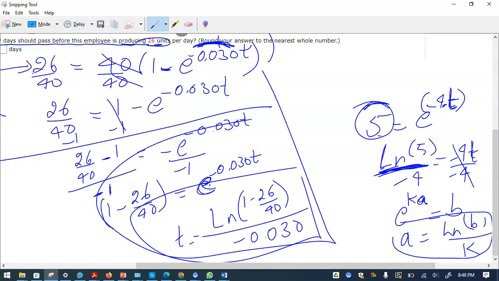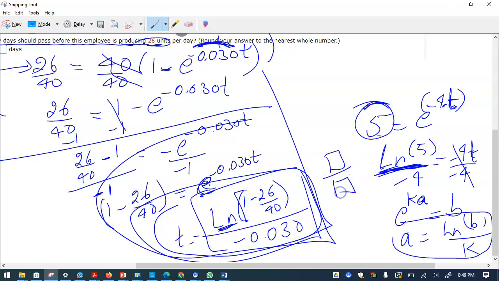Now using the calculator, you need to put this in. So first put ln, and then put the 1 minus, and then put the quotient. When you have ln of all this, then you divide using the forward slash. That would be enough.